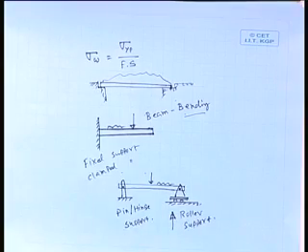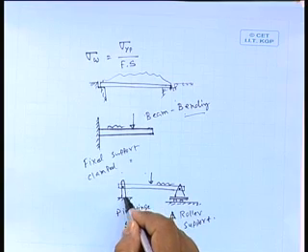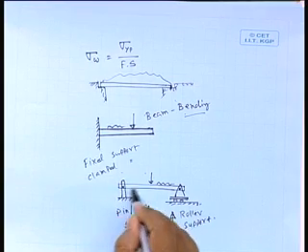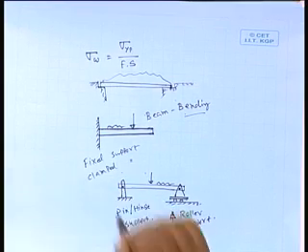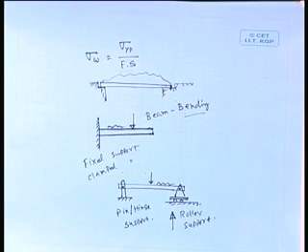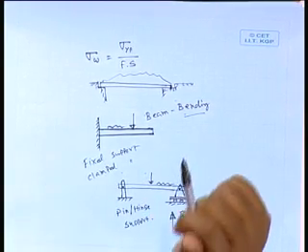Now, if we talk about your pin or hinge, say there is one plate type, there is the beam, there is a hole, we have put a pin there. The pin will not allow that end to move either in a horizontal direction or in a vertical direction. So, both the movements are restrained.